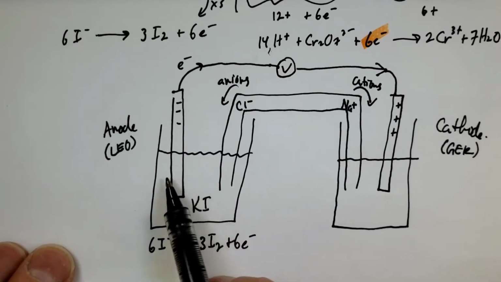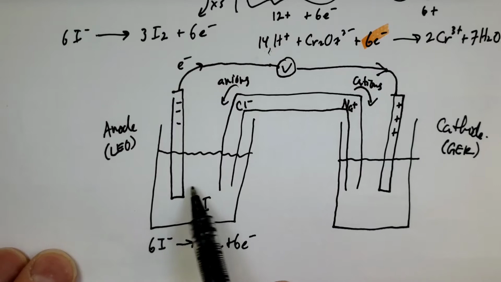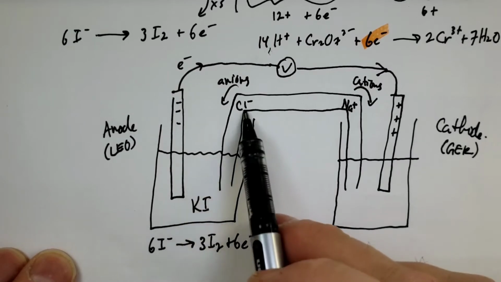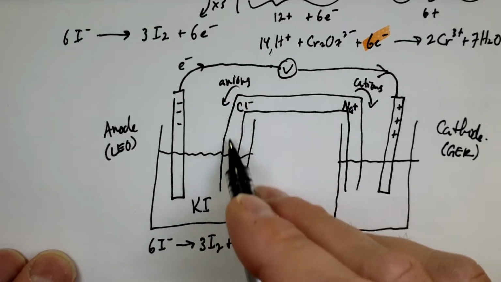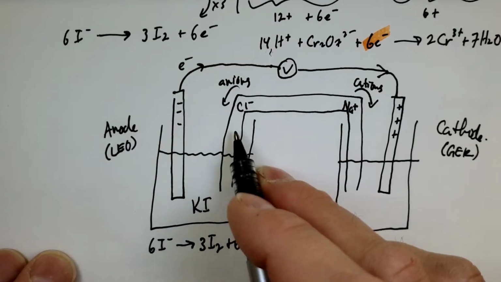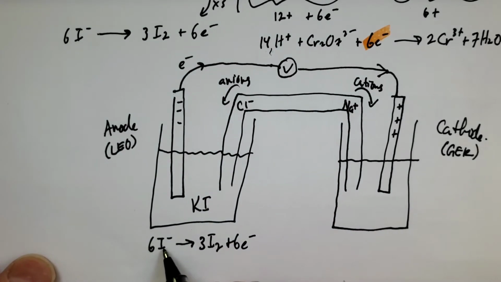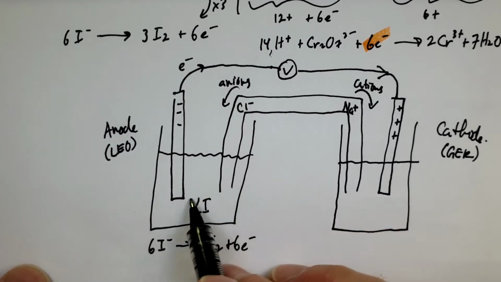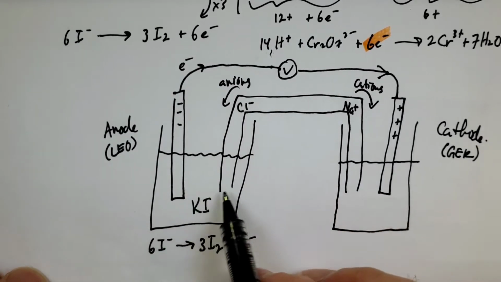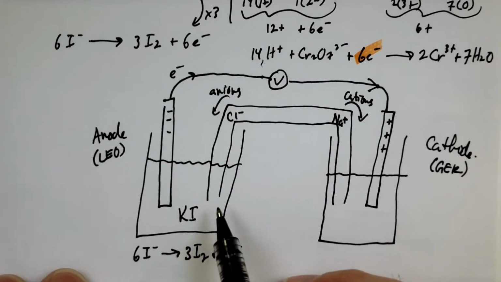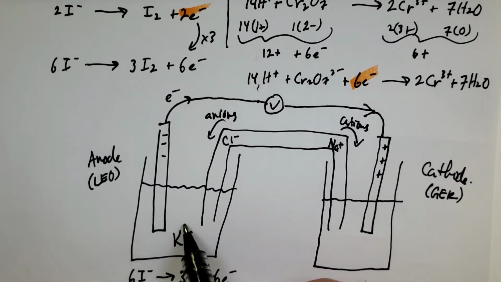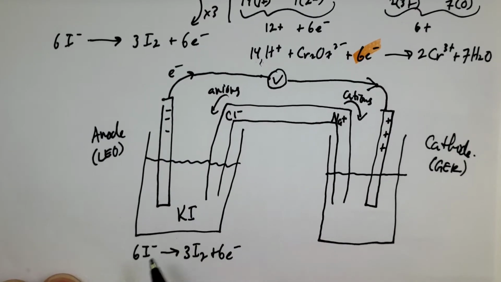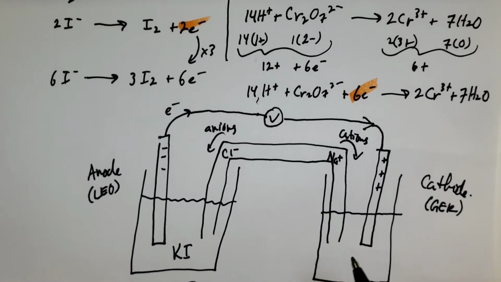Before we had zinc, an increase of positive ions, so they have to be neutralized by combining with the negatives. This is a little bit different. Here we have the loss of negatives. So all these negative ions are losing their electrons to become neutral. So we need to replace the negative ions. So that explains why we need to increase the Cl negatives in here. So it's not that we're gaining positive ions, it's that we're losing negative ions. Okay, so it's a little bit different there.